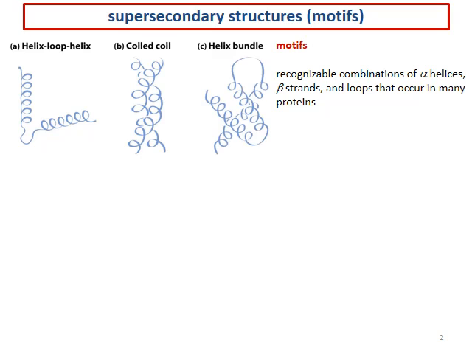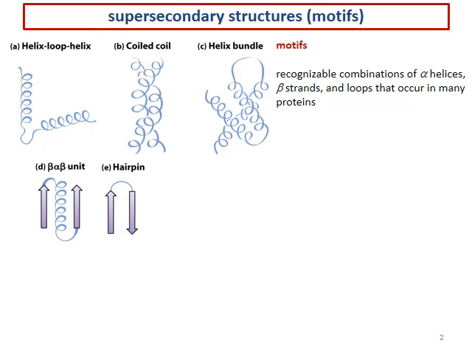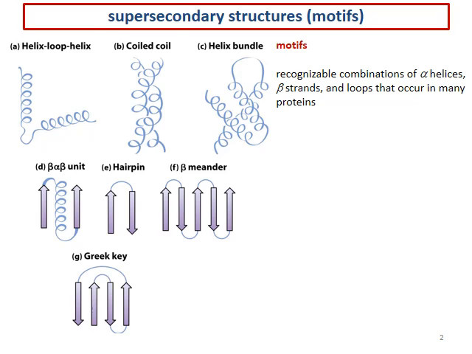Coiled coil motifs, helix bundle motifs, the beta alpha beta unit, the hairpins, the beta meander conformation, the Greek key, and the sandwich conformations.